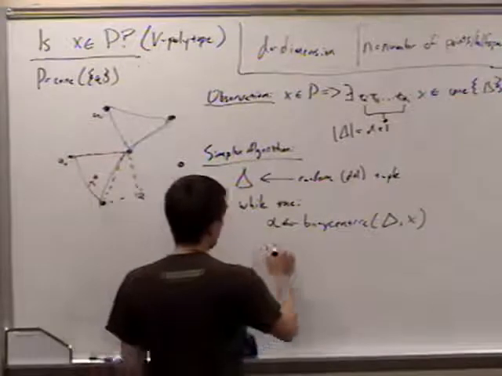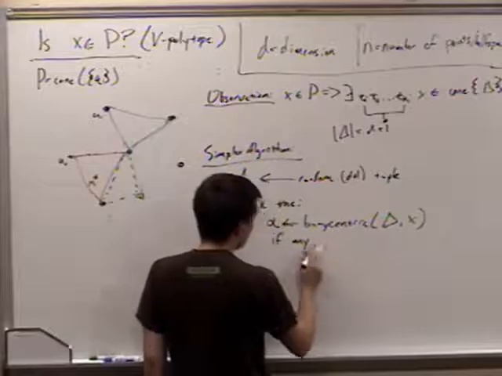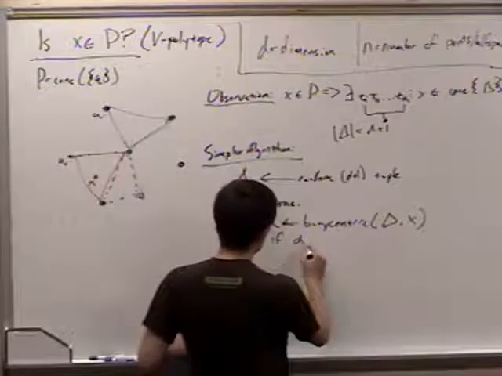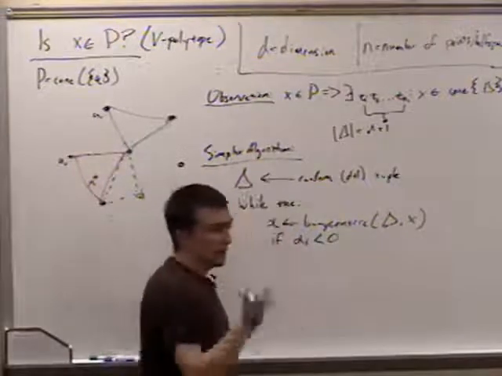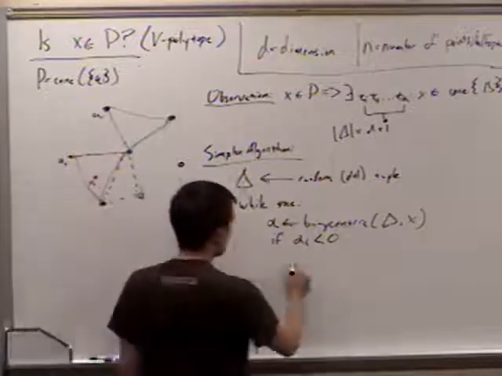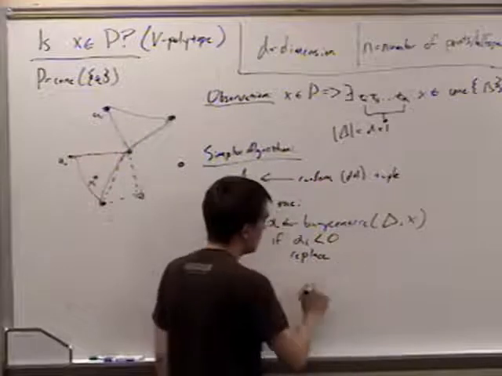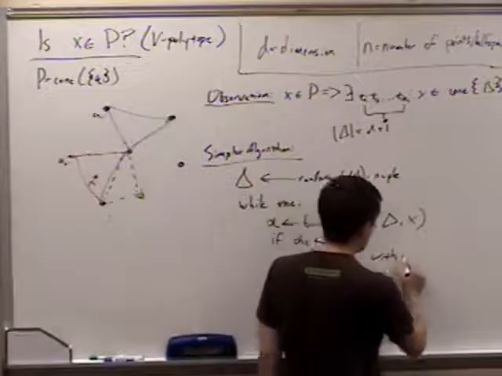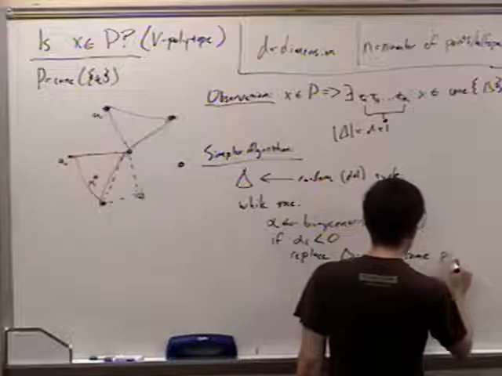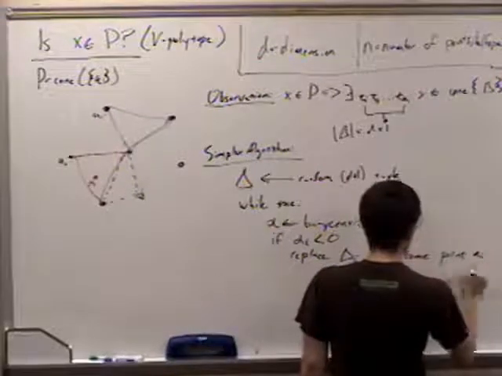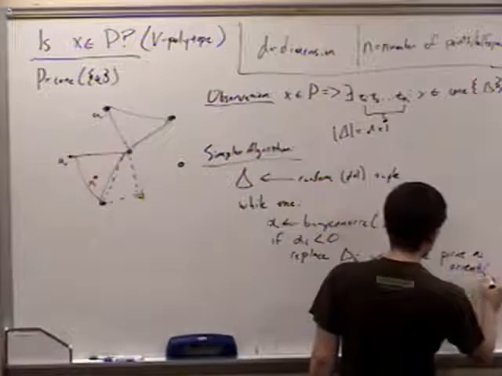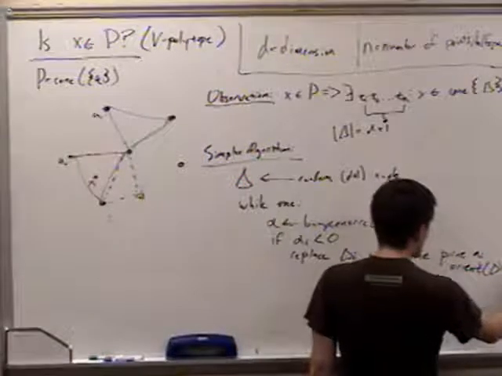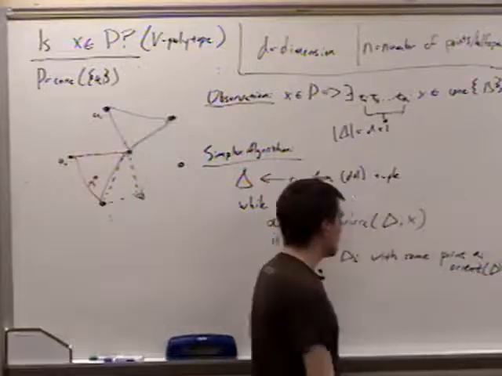Then if some alpha sub i is less than 0, so we have some component of these alpha i's which is less than 0, replace the ith value of delta with some point a_i, where we basically replace delta_i with a_i, kind of creating some weird notation there, but you get the idea.